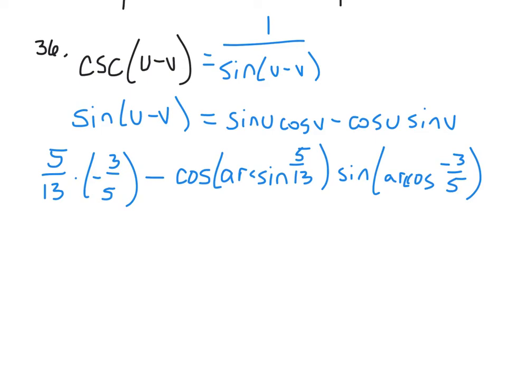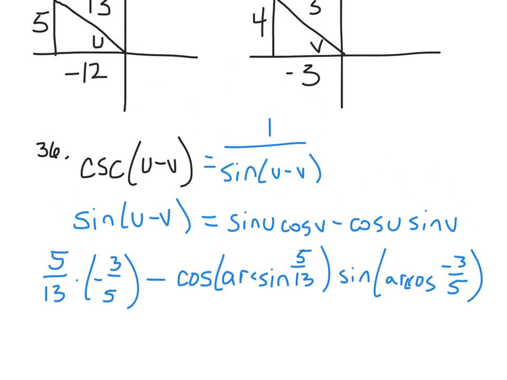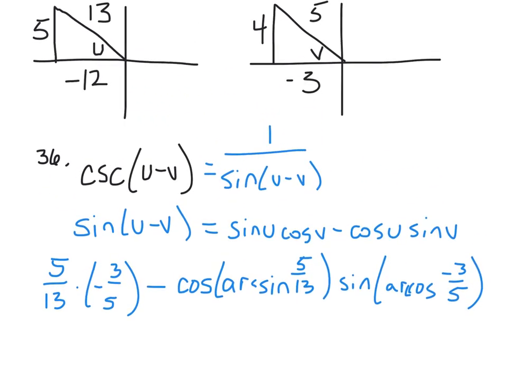So, the cosine of the arc sine of 5 over 13 just means that we're using this triangle, and we're going to find the cosine of that.